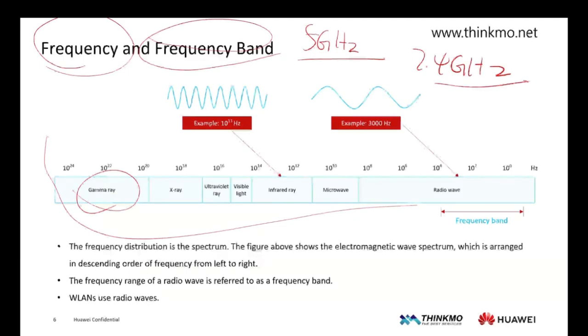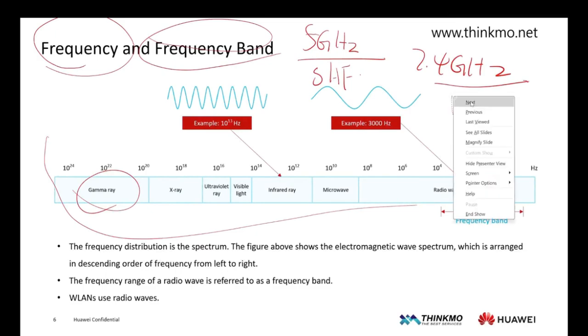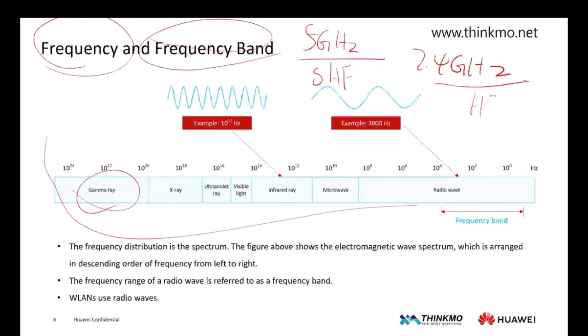These two frequency bands are classified as ultra-high frequency, UHF. 2.4 GHz is classified as very high frequency, VHF. Ultra-high frequency, UHF, and so on down through EHF, VHF, MF, and LF.